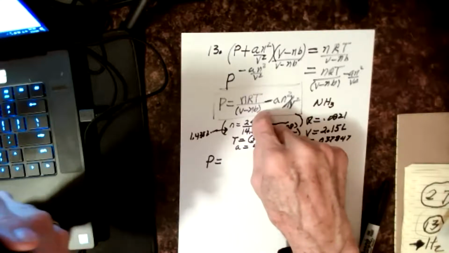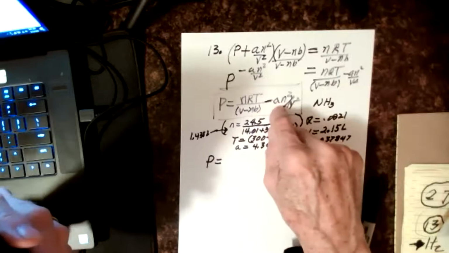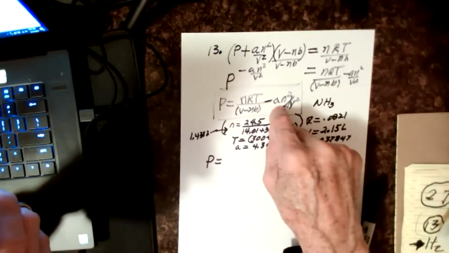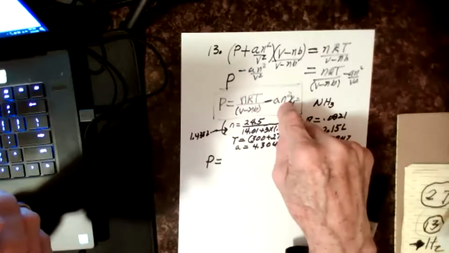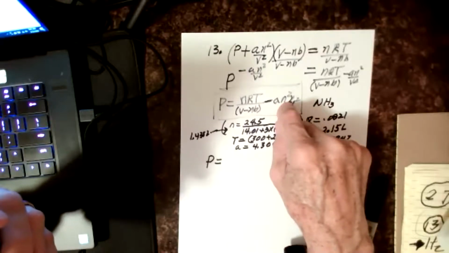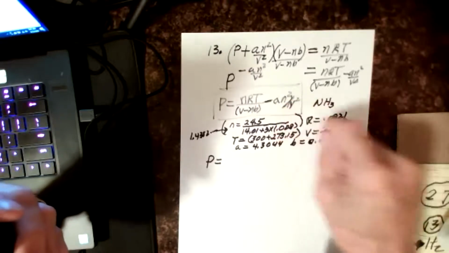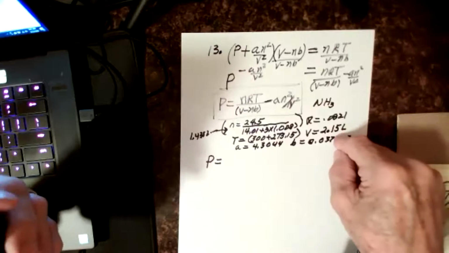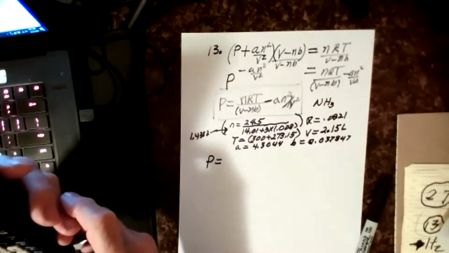And then I'm closing my parenthesis. Yes. Then I'm subtracting A is 4.3044 times N. And that's answer. And now square it. Yes. And divide it by the volume is 2.15, and that's squared. Well, it looks like I've entered the data correctly in my calculator.